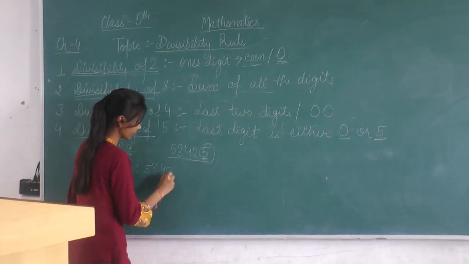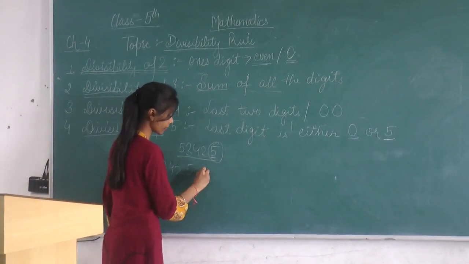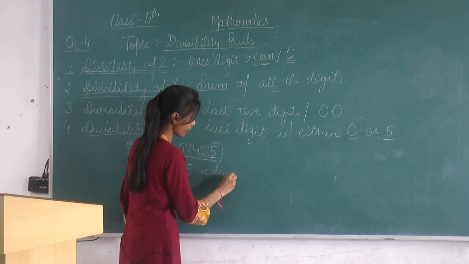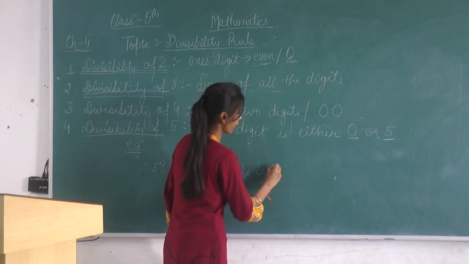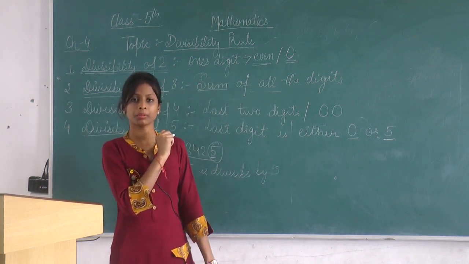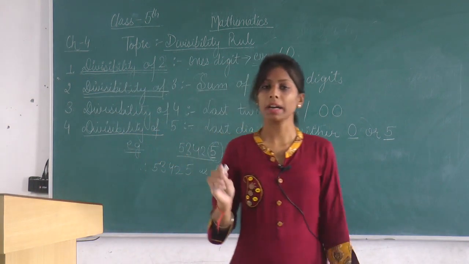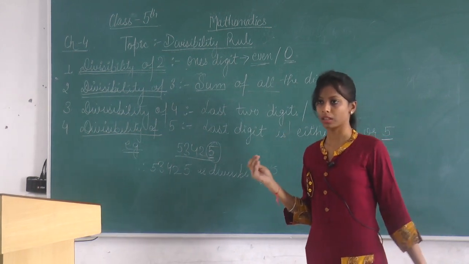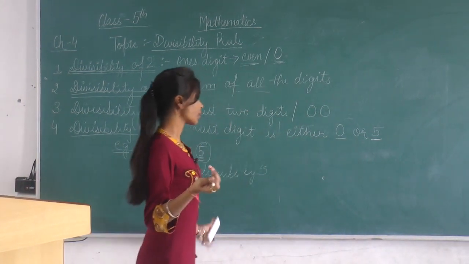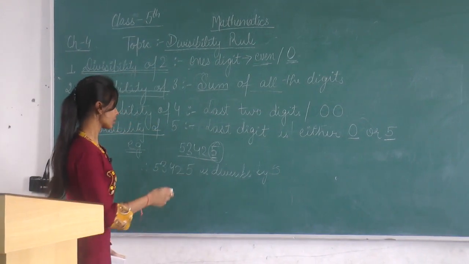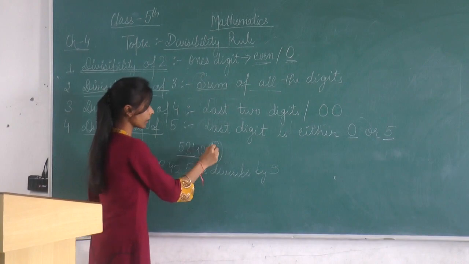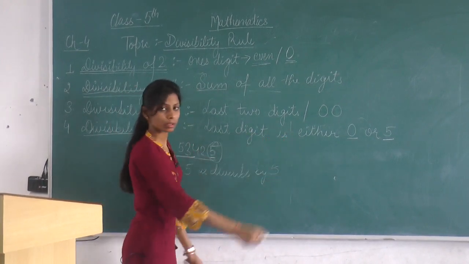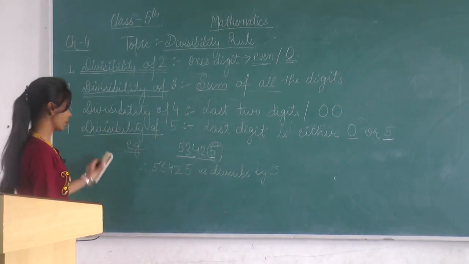As we already know, on the table of 5, at the last, what number comes? 0 or 5 comes. So from here also, we can say the last digit is either 0 or 5.